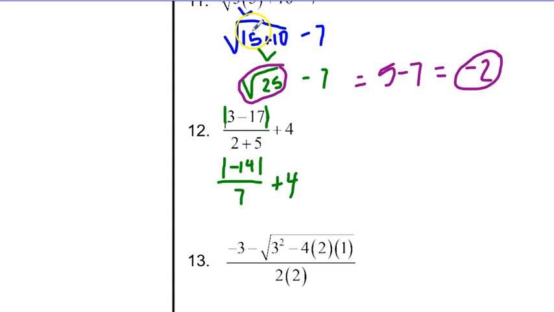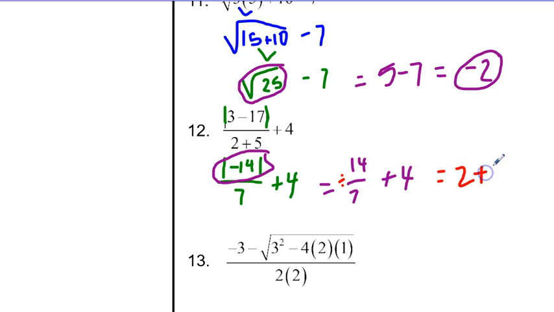Absolute value of negative 14. Those absolute value bars make what's inside positive, so the negative 14 becomes positive 14. So we have 14 over 7 plus 4. Now remember, the fraction bar means we're dividing, which we do before the addition. So we can do 14 divided by 7, which is 2. And then we add 4 to that, and 2 plus 4 is equal to 6.